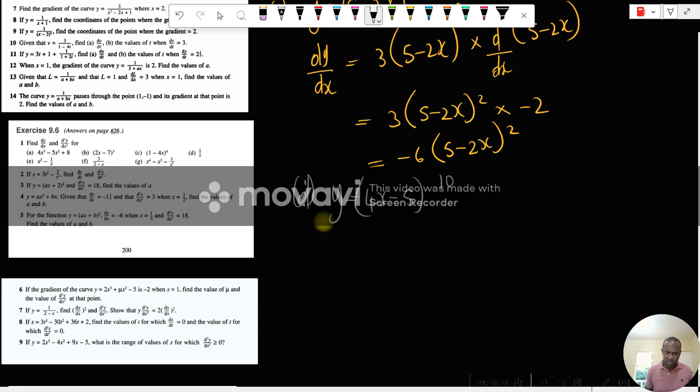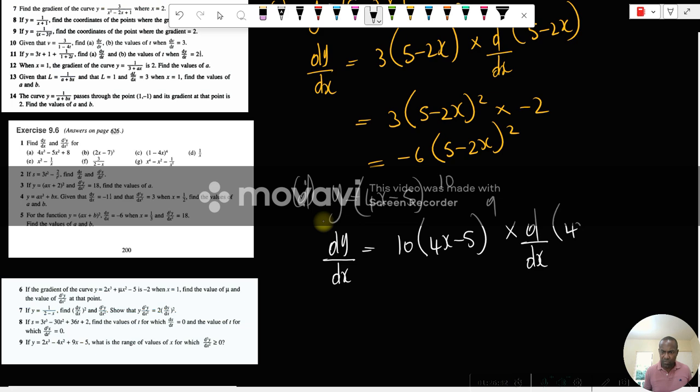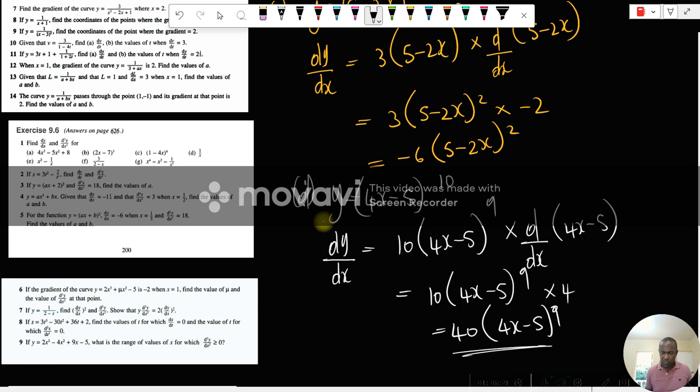So we say that dy by dx is equal to, we bring the power down, 10, multiply by it, reduce the power by 1, then multiply by the derivative of what is inside the brackets, d by dx of 4x minus 5. And so this becomes 10 times (4x minus 5) to the power of 9 times 4, which gives us 40 times (4x minus 5) to the power of 9.